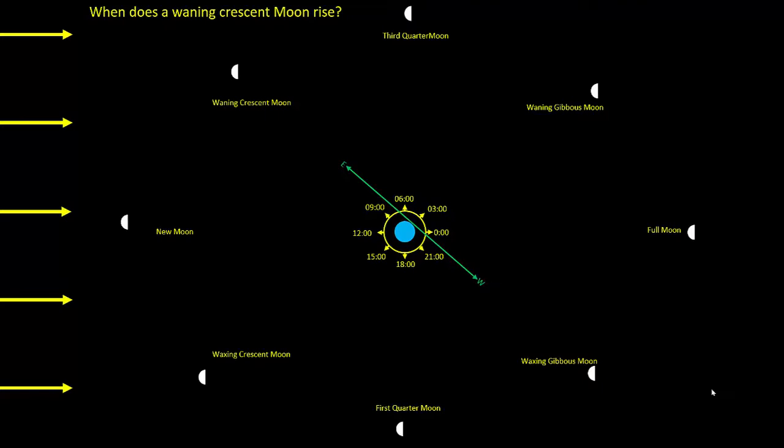It's highest overhead at 900 hours, so it takes about 6 hours from rising to when it's at its highest point in the southern sky. Then it starts to sink down as it approaches the western horizon.